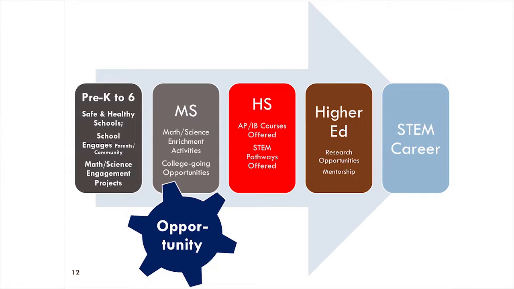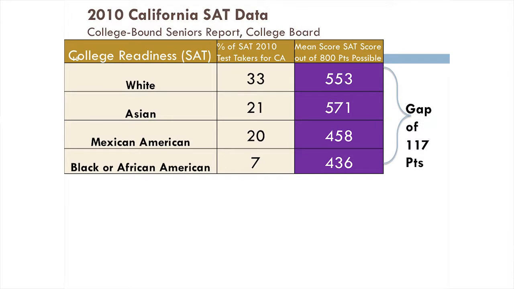And then opportunity data looks at how safe and healthy schools are, whether or not there are enrichment activities, whether or not AP courses are offered, whether or not students have research opportunities or mentorship opportunities at the university level.